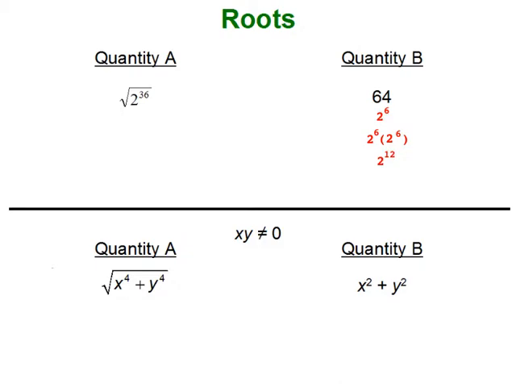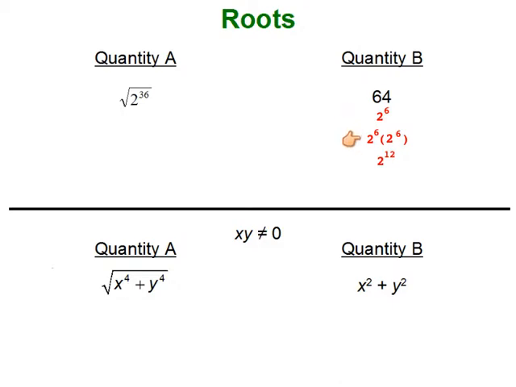So I'm sort of shortcutting the problem by doing this. If I say, wow, okay, so 64 is 2 to the 6th, and 2 to the 6th squared is 2 to the 12th. Therefore, one way to represent the number 64 is to call it the square root of 2 to the 12th.